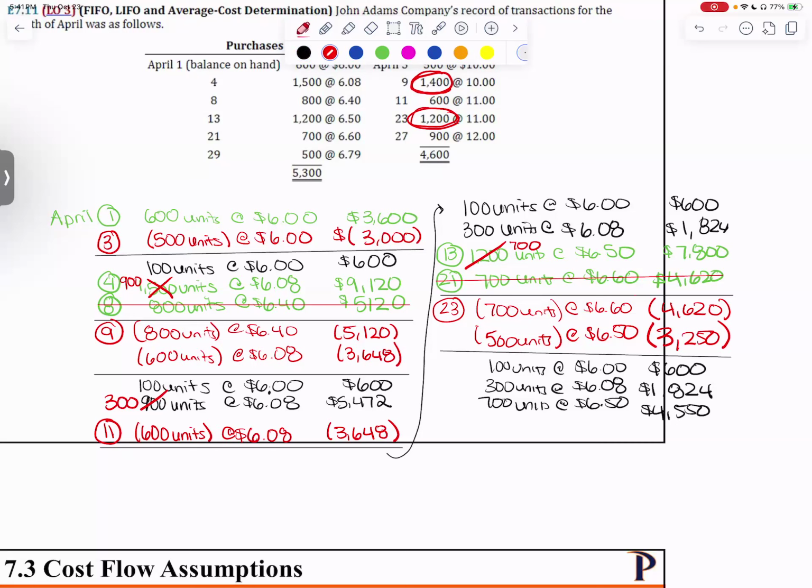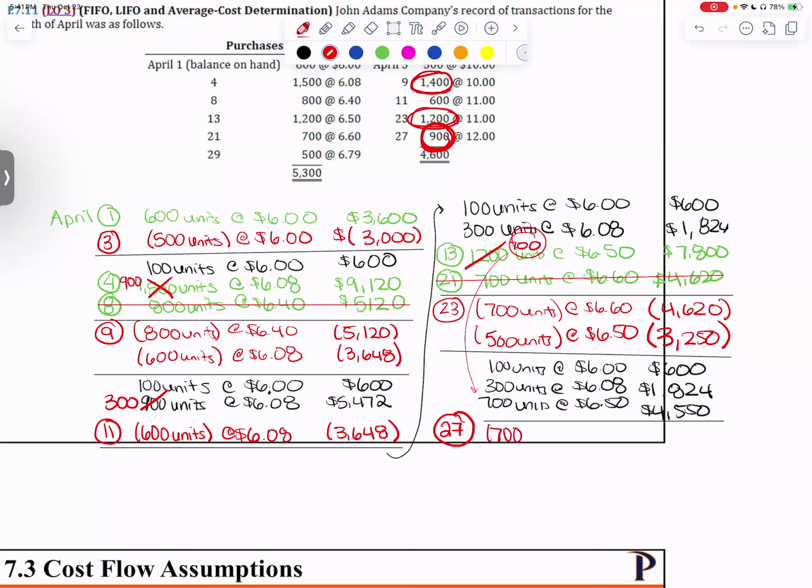Then on the 27th, we have another sale before we've made any more purchases. On the 27th, we sell 900 units. We're first going to take from the remaining 700 units from our April 13th purchase. We brought it down over here.